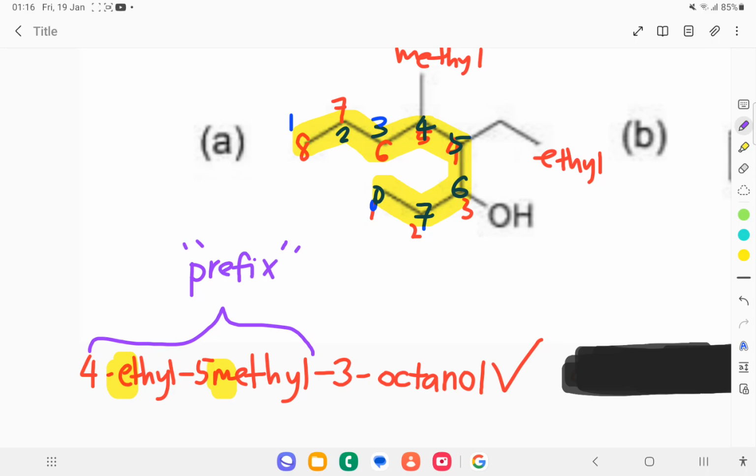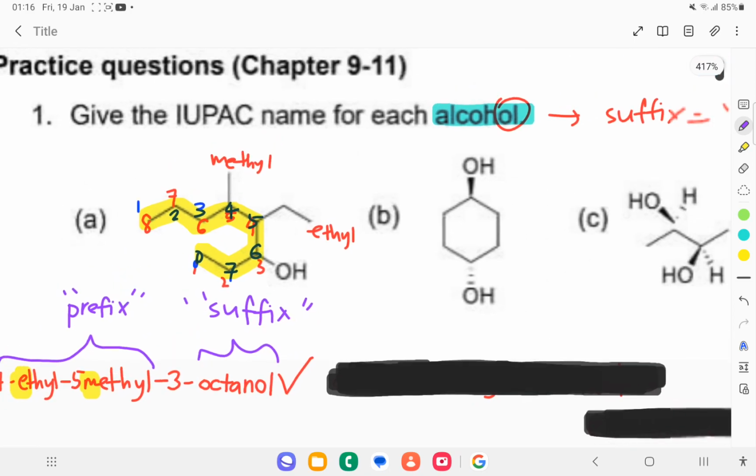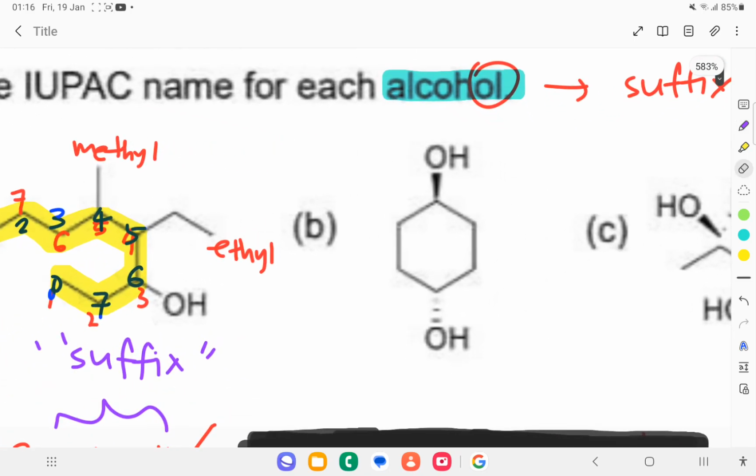And this is the suffix. Okay, that settles question A, and then we'll look at question B.